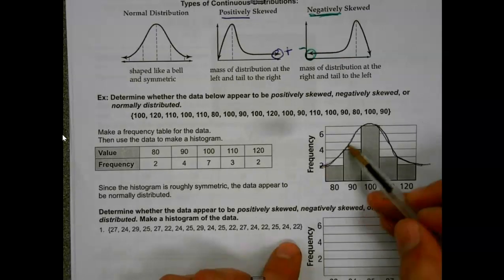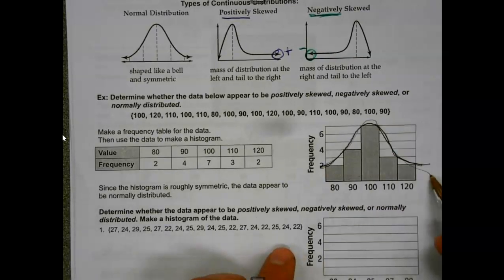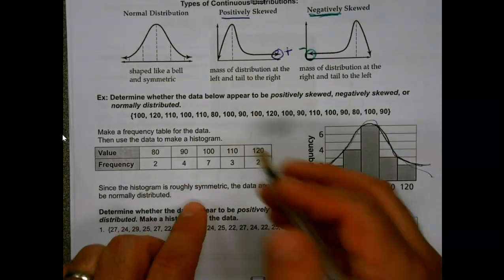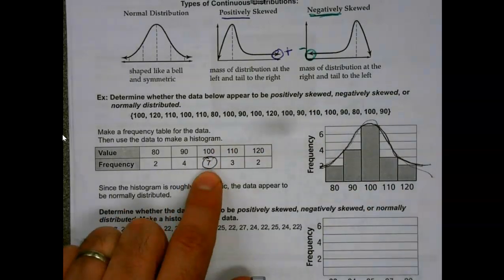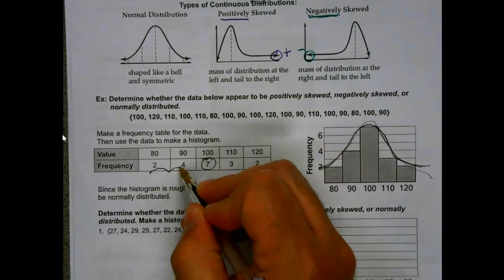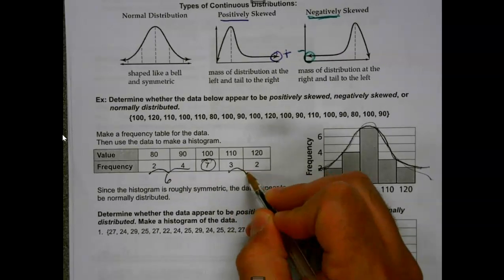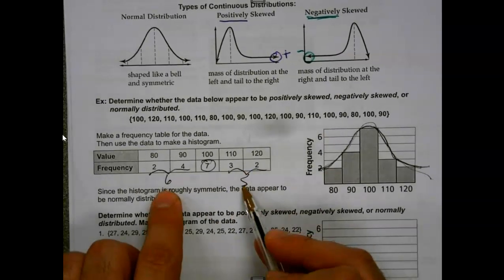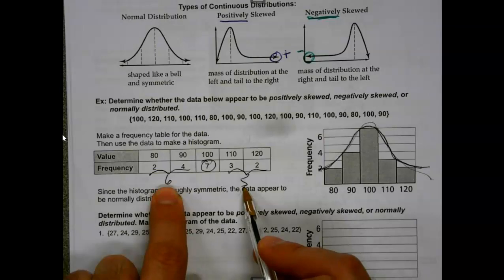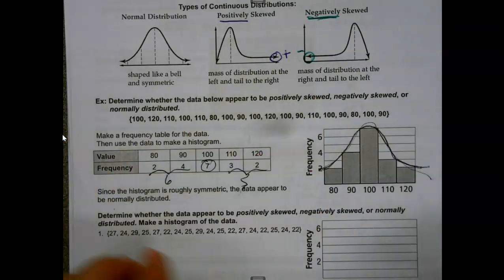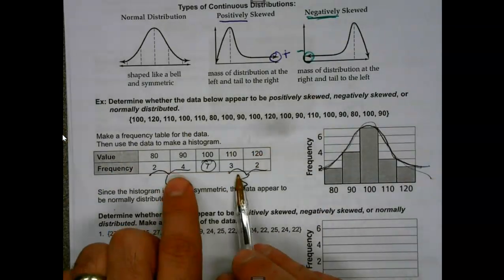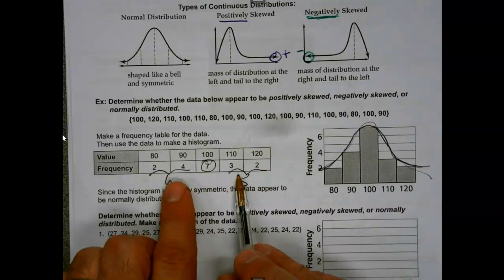And you can see that looks pretty normal. Even if I looked here, most of my information is in the middle. If I were to combine what was going on to the left of the middle and the right of the middle, that's pretty close too. I don't see a large swing either way. So I could probably tell that this was normal even without the histogram.